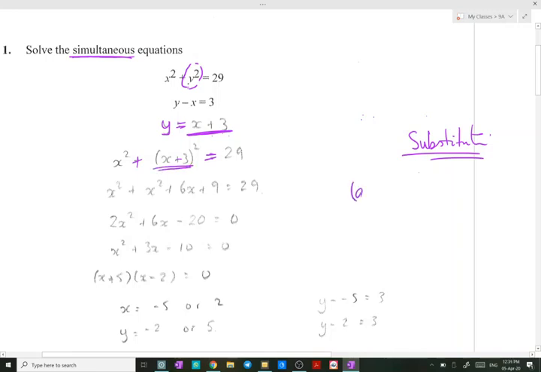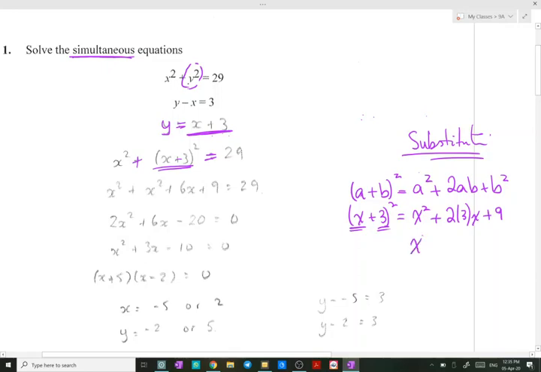Let me remind you, (a plus b) squared is equal to a squared plus 2ab plus b squared. So if we have (x plus 3) squared, we are squaring the first, so it's x squared, plus 2 times the first times the second, plus squaring the second. So this is x squared plus 6x plus 9, and this is what we got here.